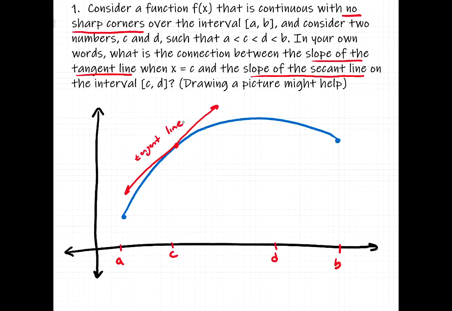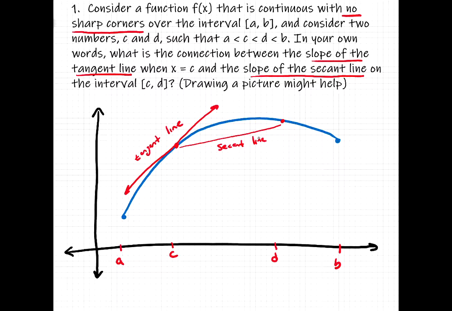And if we look at the secant line on the interval c to d, well, that's the secant line. Now, obviously, the two lines have different slopes. The way I have this drawn out, the slope of the tangent line is more than the slope of the secant line.